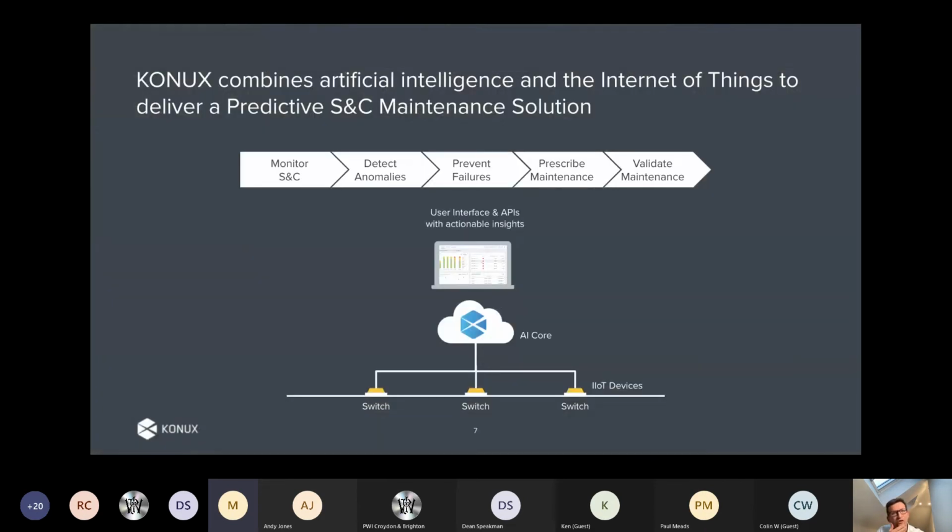A little bit then about Connaught. So what we do, we've been around for 8 years now. Started out of Technical University of Munich. 4 friends decided they wanted to create an artificial intelligence company.